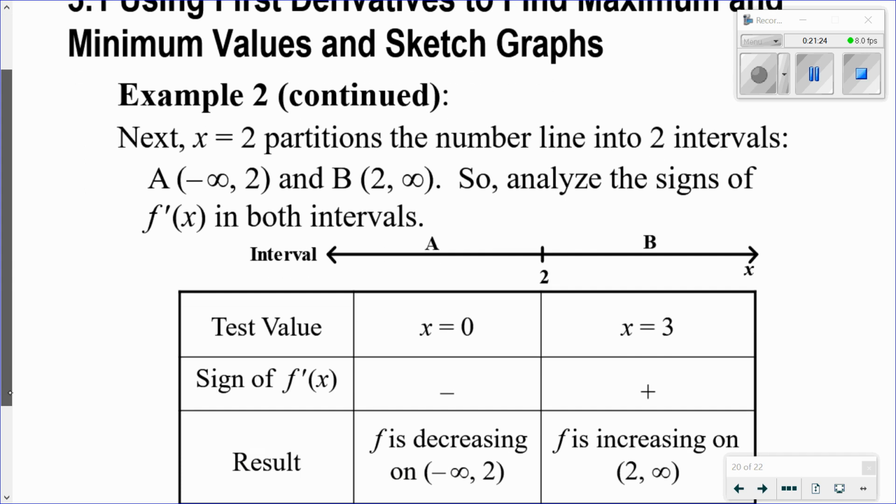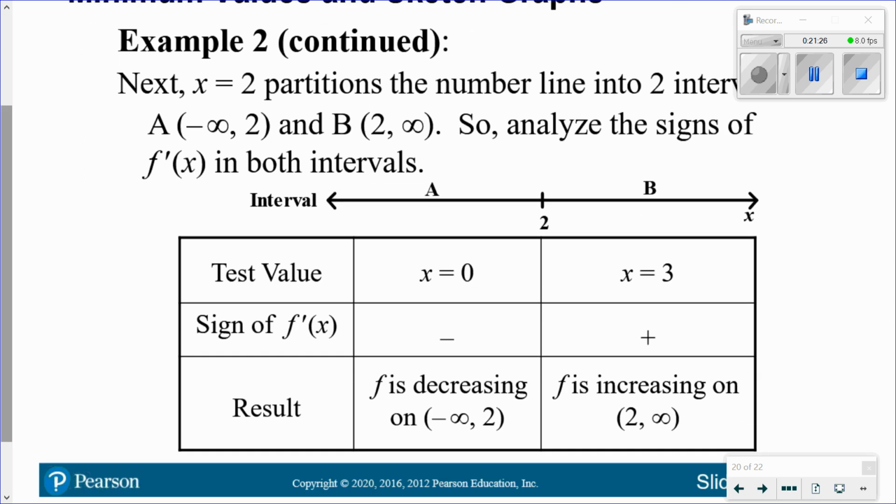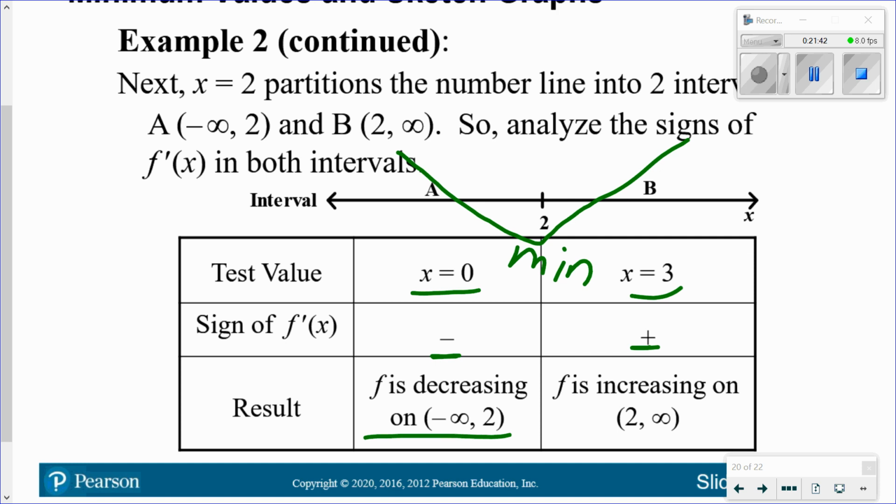And here they've tested 0 and 3 and found that we have a negative on this side and a positive on this side. So it's going down and then back up. So this is definitely a min. Okay, so we're decreasing from negative infinity to 2, and then from 2 this way we are increasing.